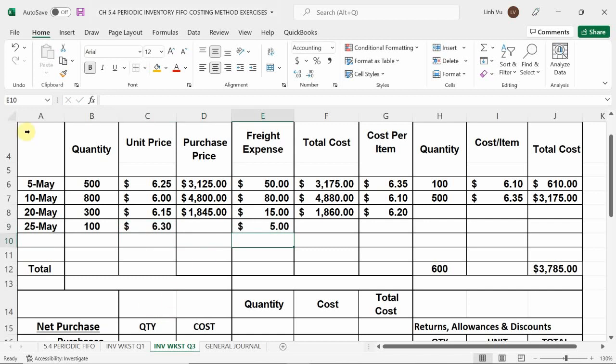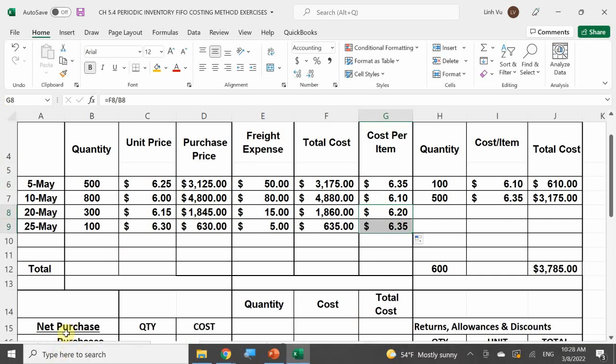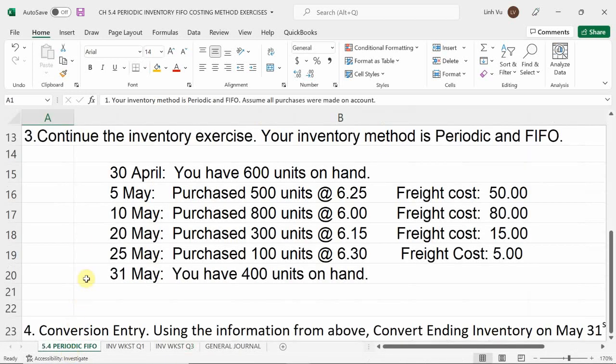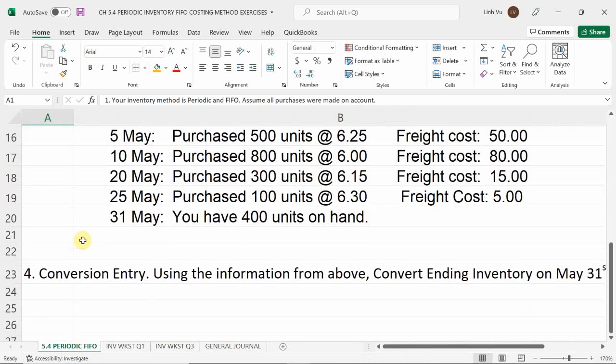So what is my total purchase price here? $6.30 plus 5, $6.35, which will bring my cost per item to be $6.35. Okay.